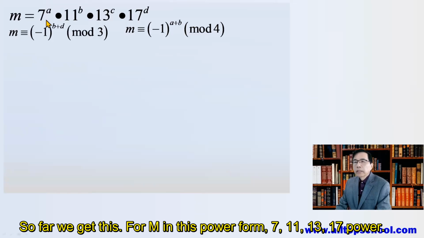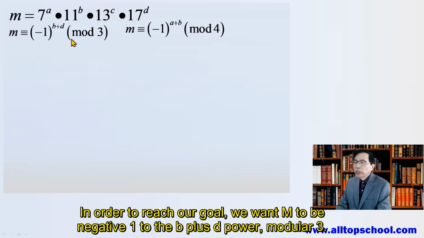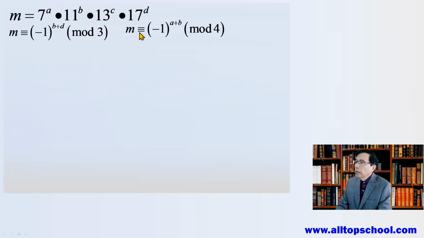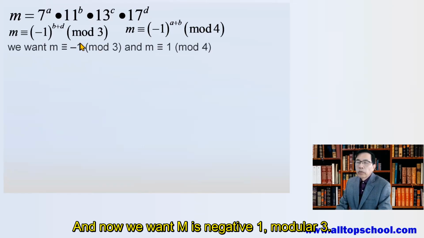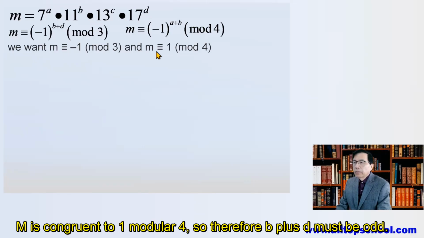For m in this power form with 7, 11, 13, 17, in order to reach our goal, we want m to be -1 to the b plus d power modulo 3, and m to be -1 to the a plus b modulo 4. We want m to be -1 modulo 3 and congruent to 1 modulo 4.